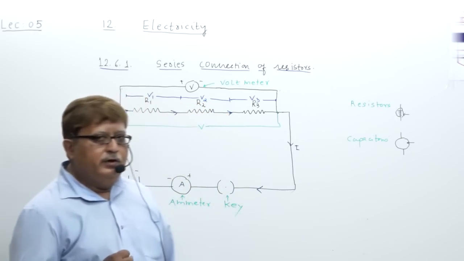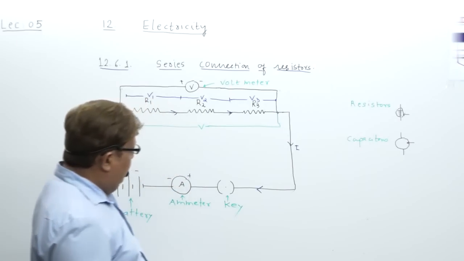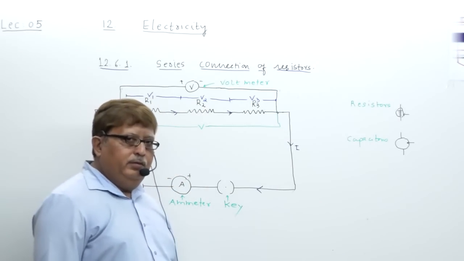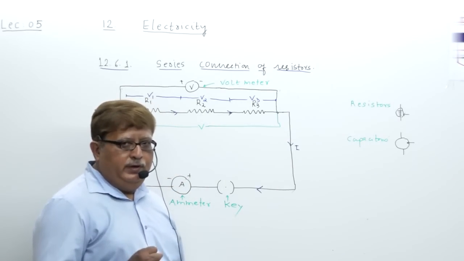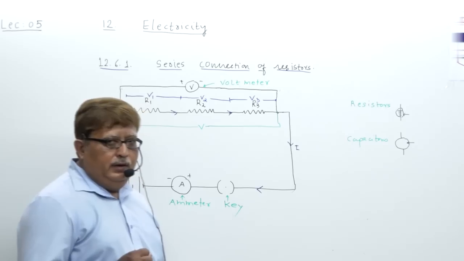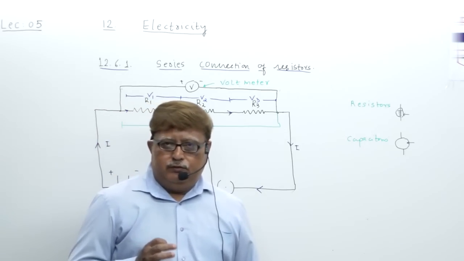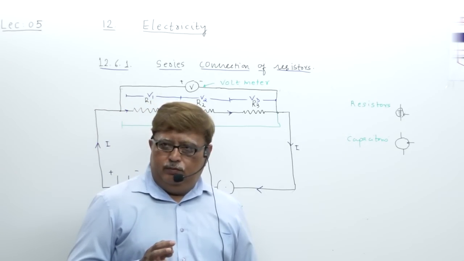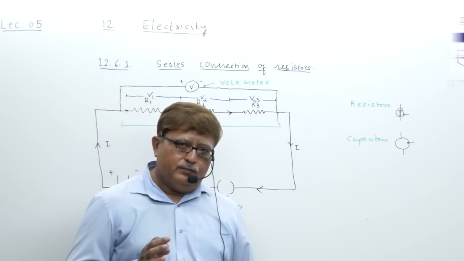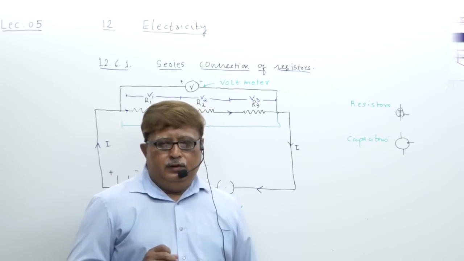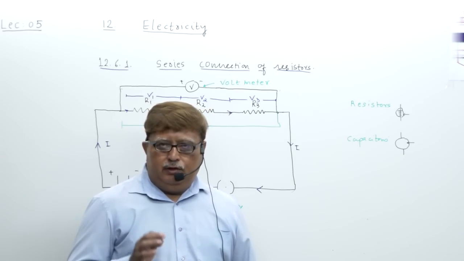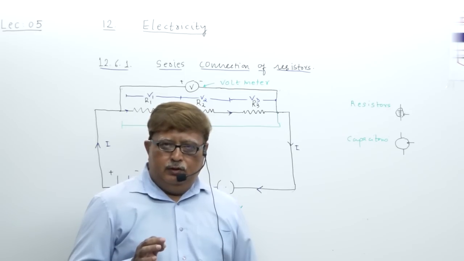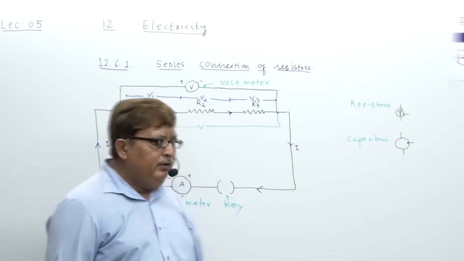Now my dear student, the actual question. In the exam, you will be asked a question in this manner: explain series connection of resistors and derive the equation for total or equivalent resistance. What does it mean?